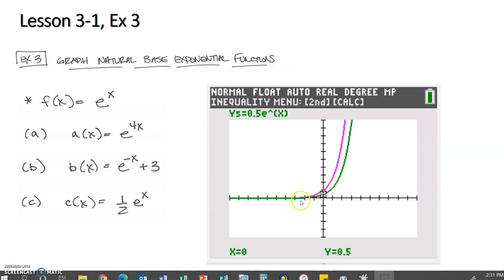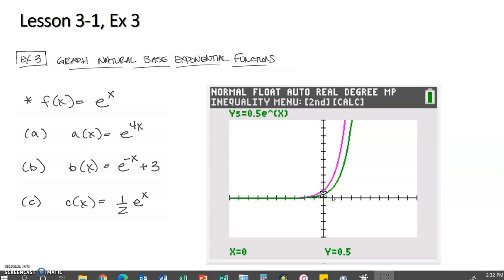All right, so basically, if we plug in 0 to our parent function, the parent function is simply e to the x. So if I plug in 0, it's going to be e to the 0, which is 1, which is right there. 1/2 e to the x, if I plug in 0 for x, again, I get the 1/2 times 1. What if I plugged in 1 for my parent function?